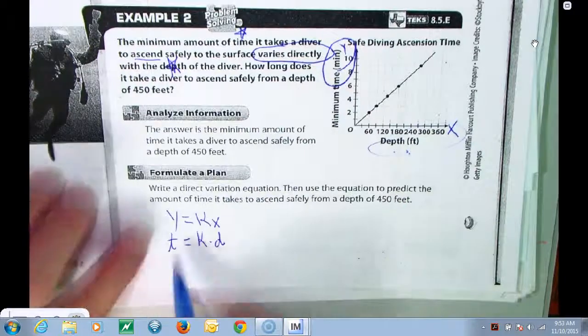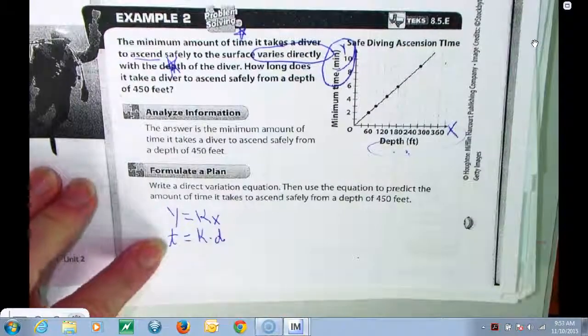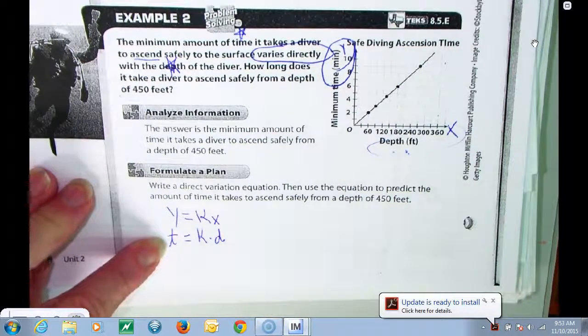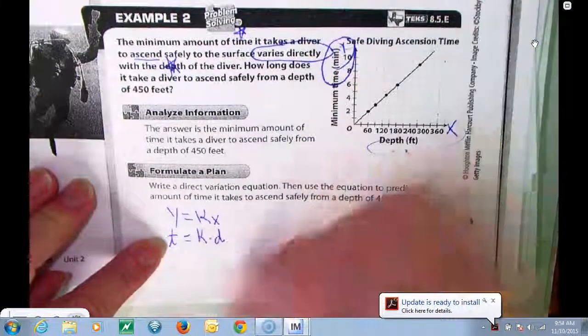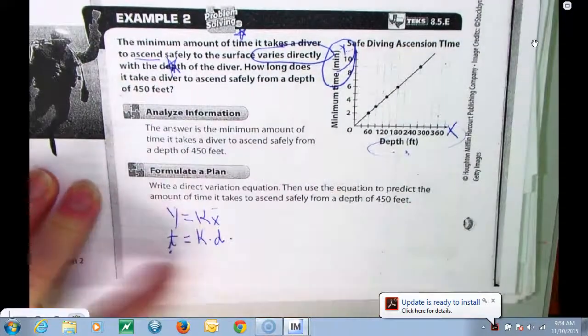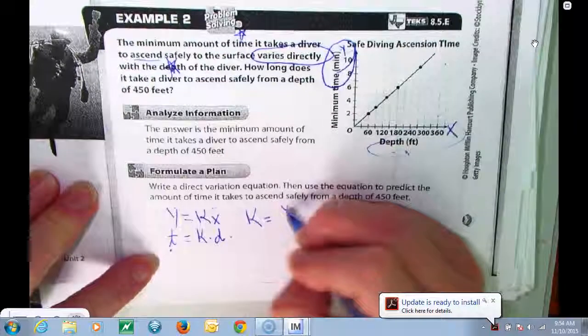You have to know which one's the time, which one's the depth. If you get them mixed up, you're going to get it wrong. You have to know what the Y stands for, what the X stands for. Okay, now let's go find K. Put Y over X.